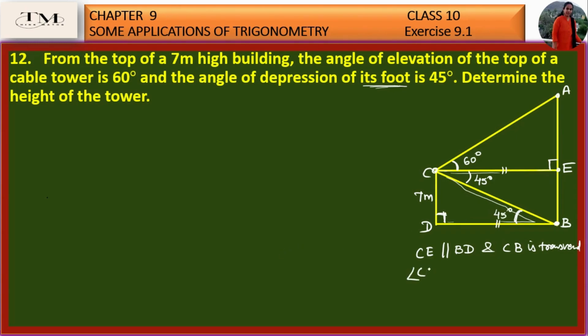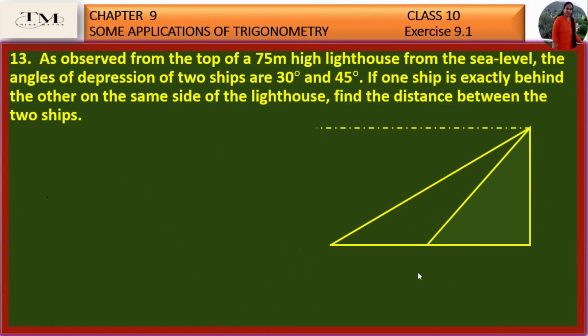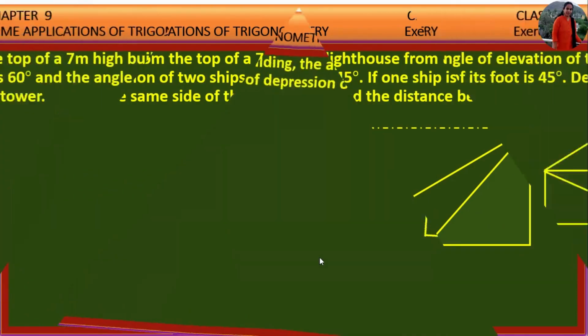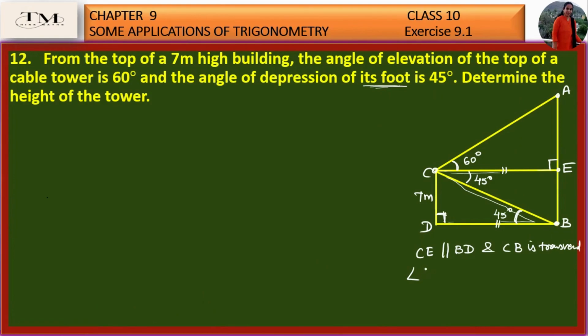So angle ECB, I'm sorry, angle ECB is equal to angle CBD, which is equal to 45 degree. So we will be using the 90 degree triangle, that is right triangle. So we have made this adjacent.